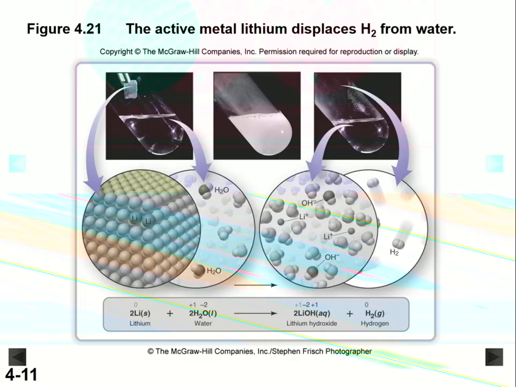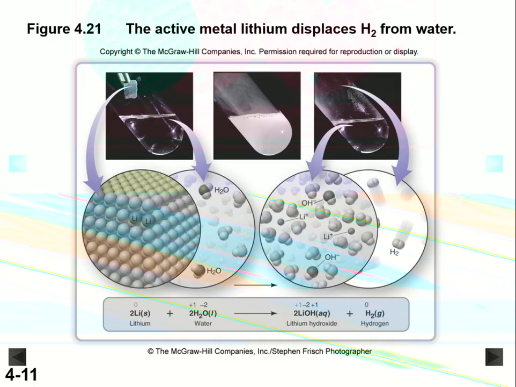Here is a displacement reaction. An example of a displacement reaction would be lithium's reaction with water. Lithium or sodium or any of the alkali metals react with water violently, and they produce hydrogen gas. So if you think of a water molecule, the hydrogens there can be displaced by the metal.